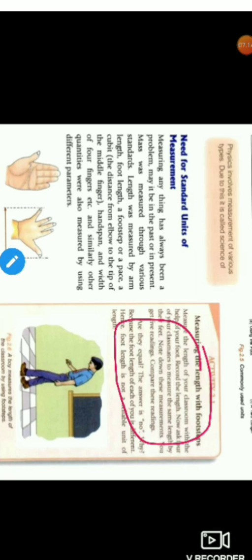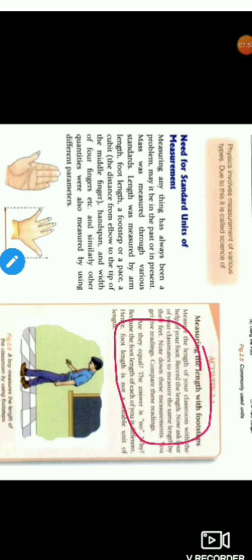You will come to know that the measurement of your foot and the measurement of your parent's or sibling's foot is different. From this we can come to know that measurement with these types of quantities is unreliable.